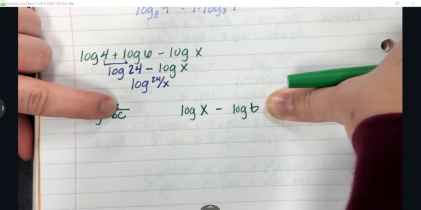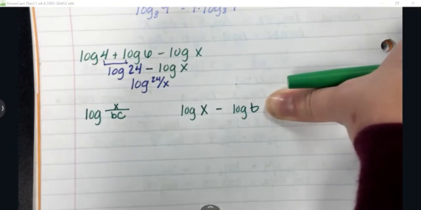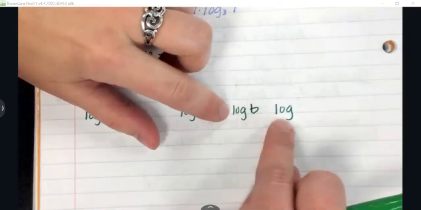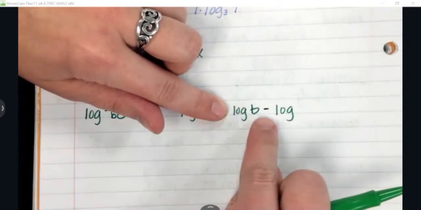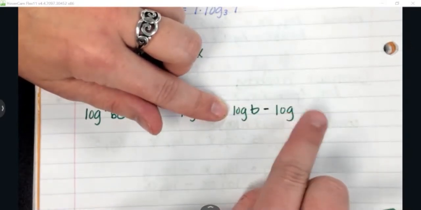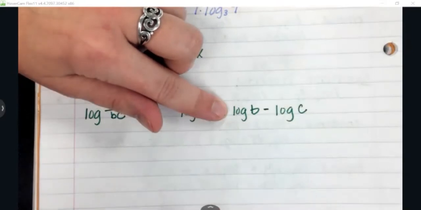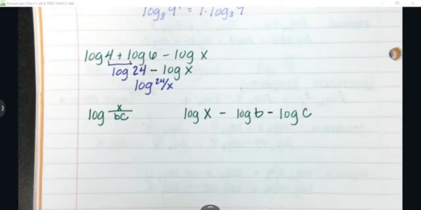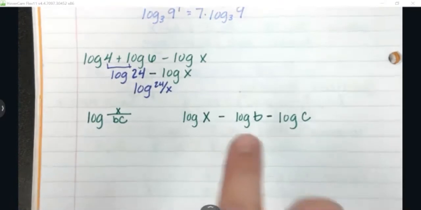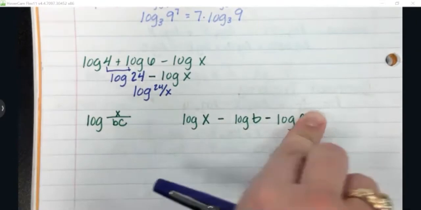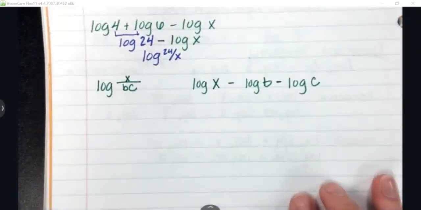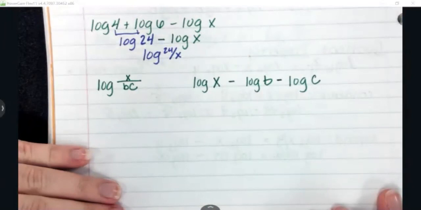It is not being multiplied. It's being divided. It's in my denominator. That's dividing. So what's going to happen to these two logs? Are they going to add or subtract? They're subtracting because they're being divided. And then what letter is last? The letter C. Okay. So it's all about how many logs I have and how many logs I need, and whether they're adding or subtracting, or even if they have an exponent.